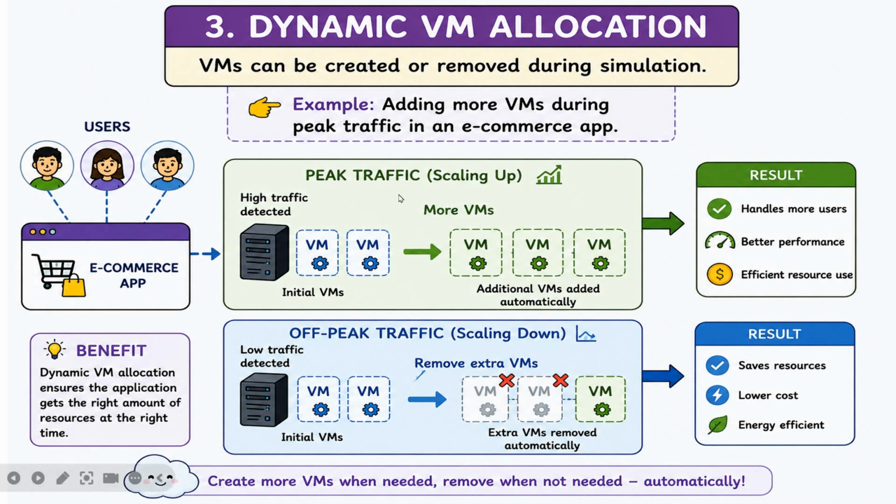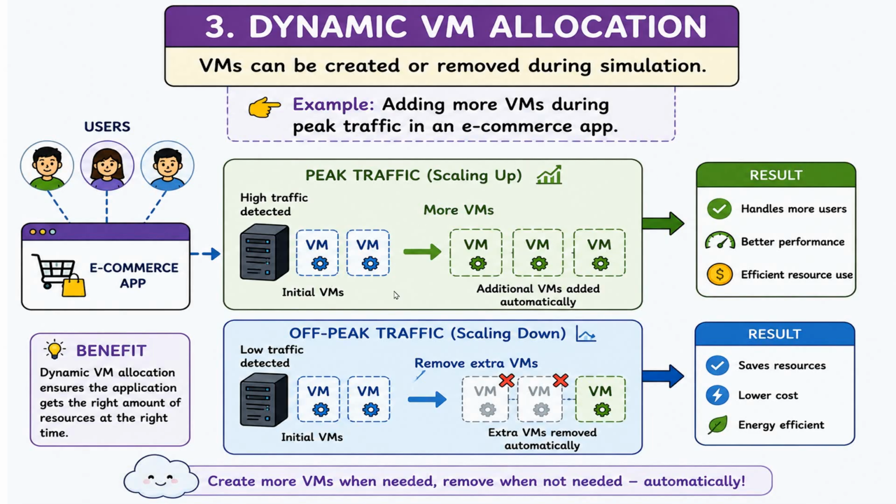During high traffic or peak traffic, more virtual machines can be added in order to handle many users. And when traffic becomes low, that is the off-peak traffic, extra virtual machines can be removed. You can see here the cross marks, which can be removed to save the resources and the energy.